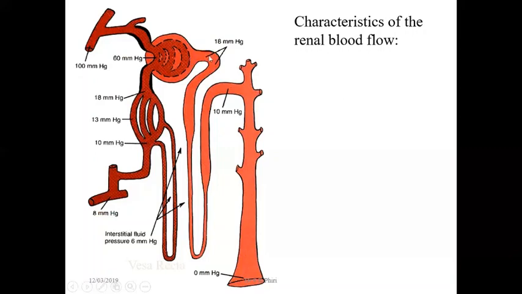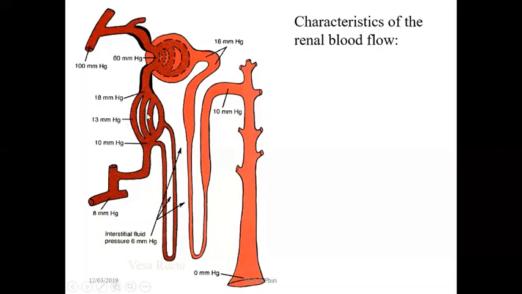In the proximal convoluted tubule, the pressure of the fluid that is moving is 18 millimeters of mercury. So it means that filtration here will be more because the pressure in the proximal convoluted tubule is less as compared to the pressure in the capillaries. That will facilitate filtration. As you are going to the peritubular capillaries, you can see that the pressure is still reducing, from 18 millimeters of mercury to about 13 millimeters of mercury.